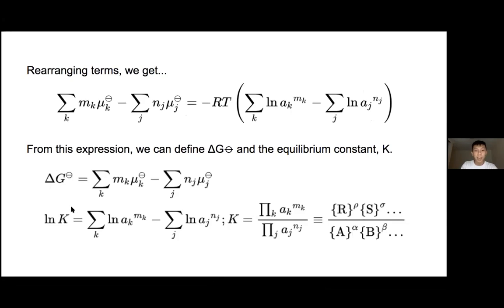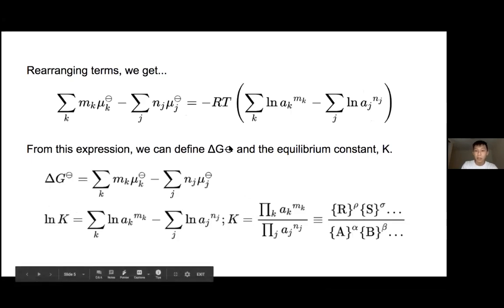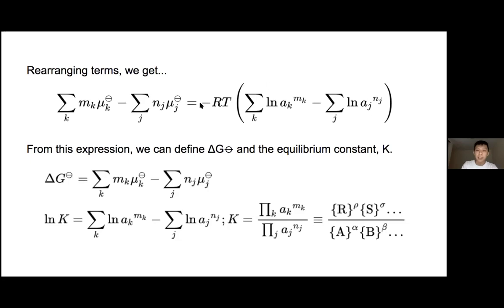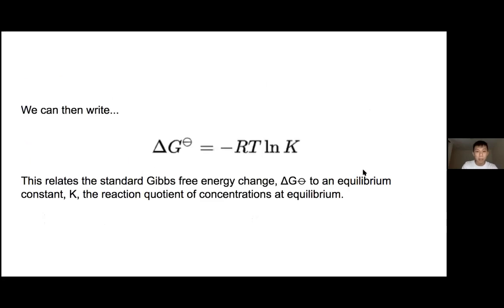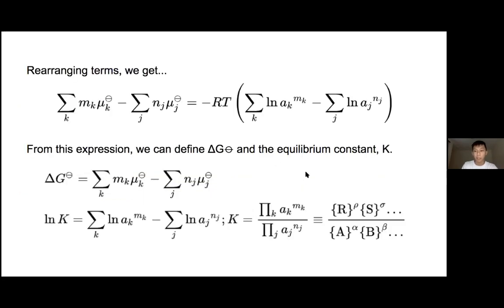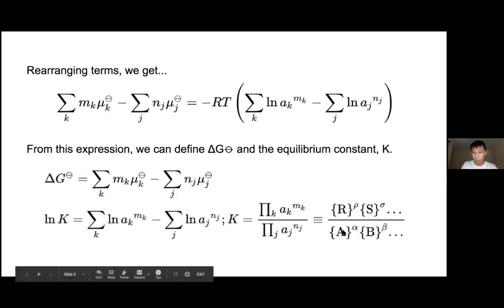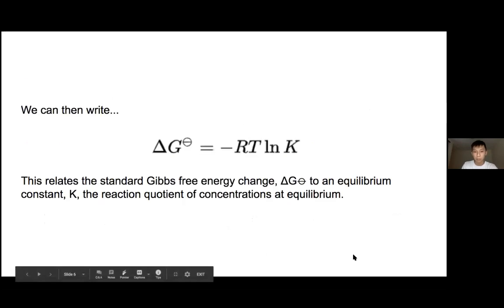So we can define the logarithm of this equilibrium constant to be part of the right-hand side. Now if we write everything out more concisely, the standard free energy change is equal to negative RT times the natural logarithm of the equilibrium constant, where we define the equilibrium constant to be this expression.